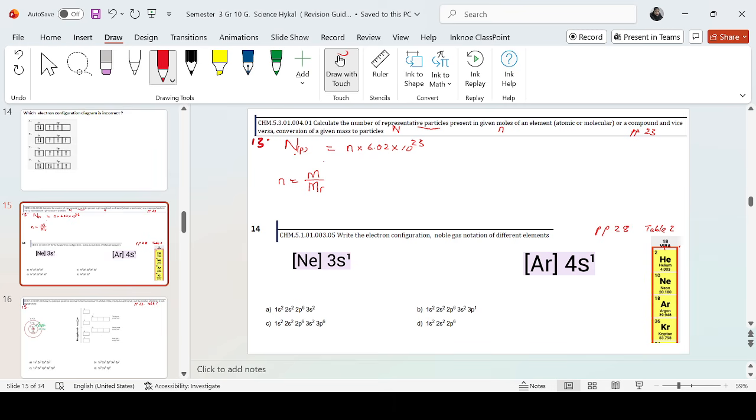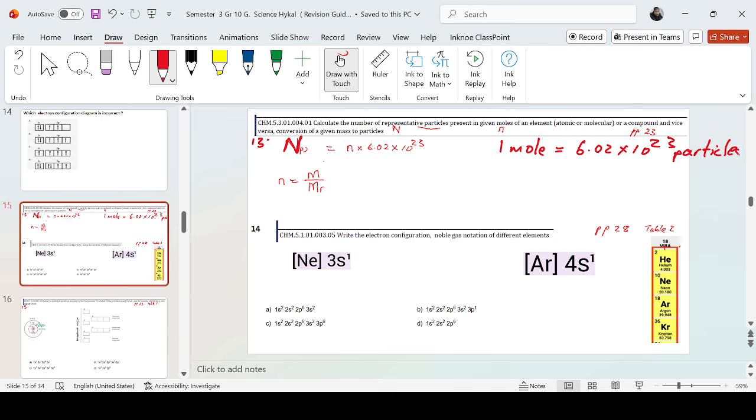So here, look, N is the number of particles in 1 mole. Here you will need a calculator. 1 mole of a substance has 6.02 times 10 to the power 23 particles.